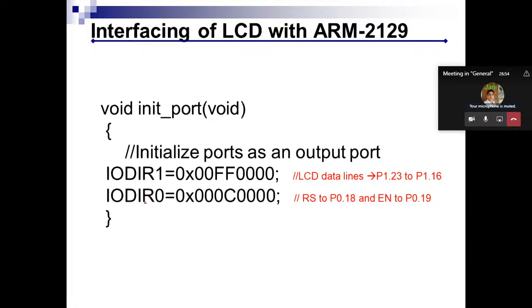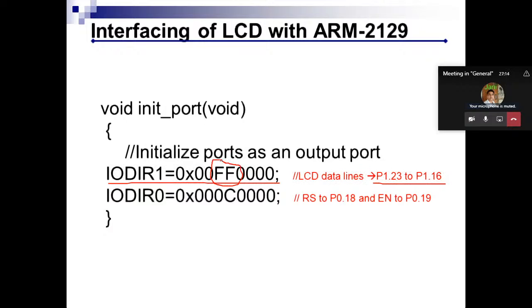Then after initialization of port, there is one routine to initialize the port, whether the port is input port or output port. In this case, we have connected LCD data lines with P1.23 to P1.16. So corresponding ones are there.